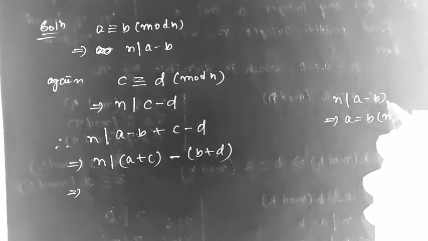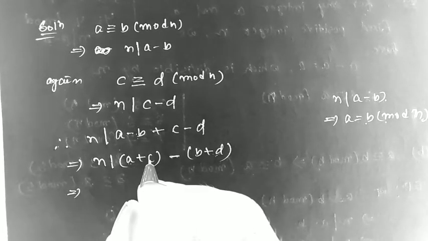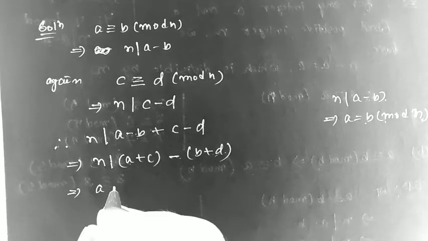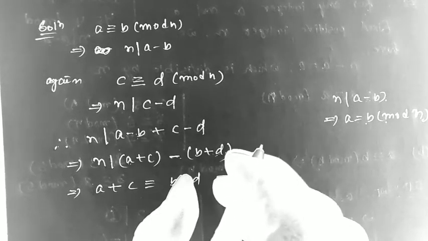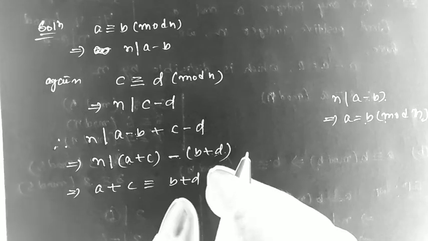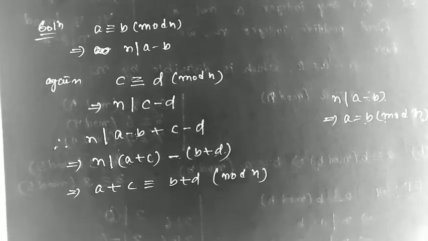N divides A minus B means A is congruent to B. N divides A plus C minus B plus D means what? A plus C is congruent to B plus D mod n. So very easily we can prove it.